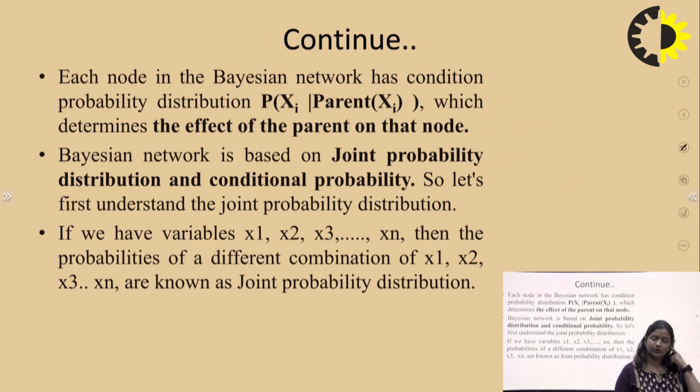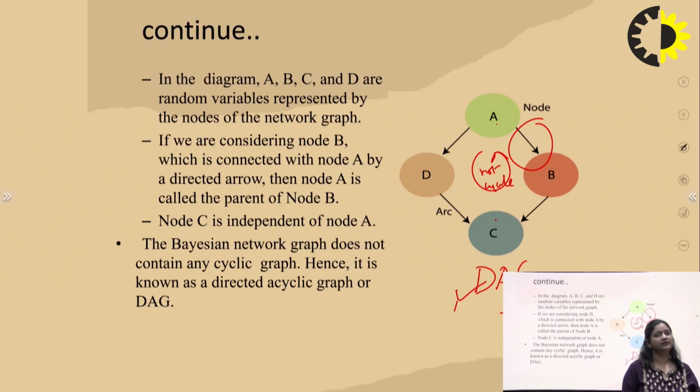Each node in the Bayesian network has a conditional probability distribution, like the probability of Xi given the parent of Xi. Xi can be a variable, and the parent of Xi determines the effect of the parent on that node.